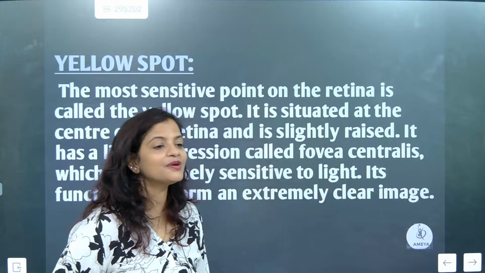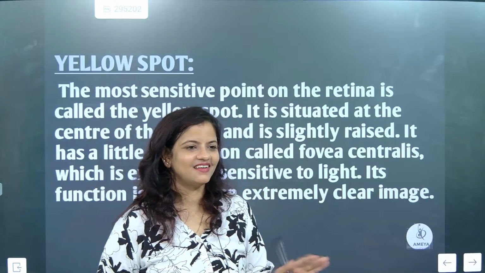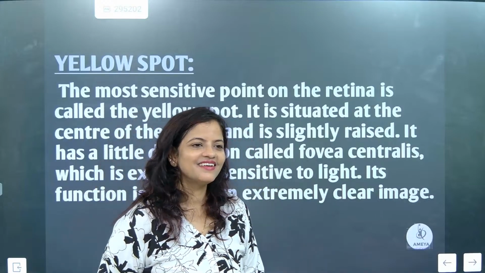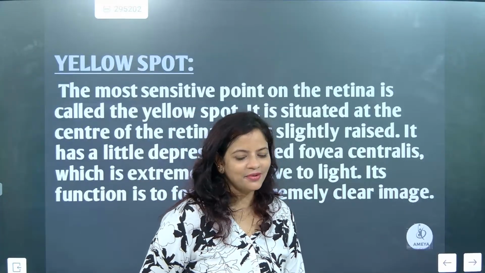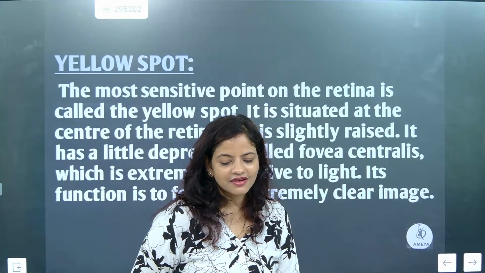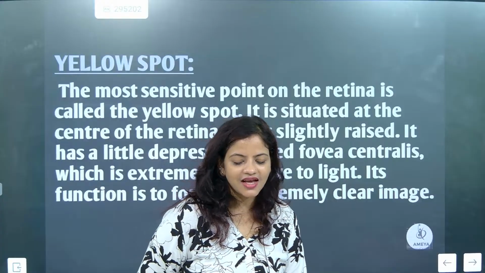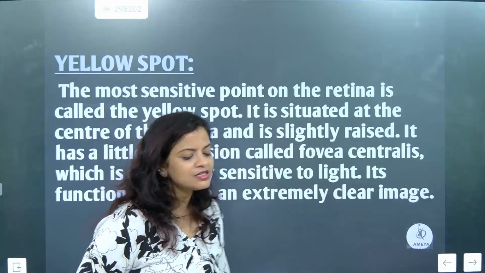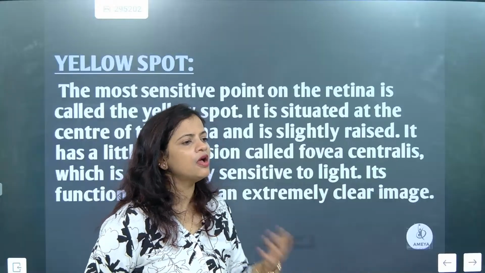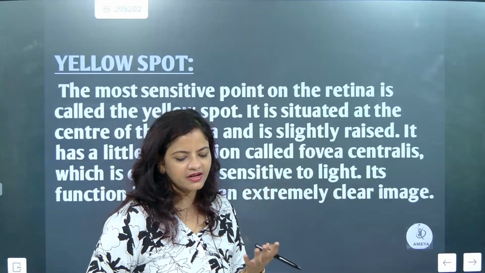Now come on, say where it is located. Online children, we can see the image, yellow spot only. But where are yellow spot and blind spot present?